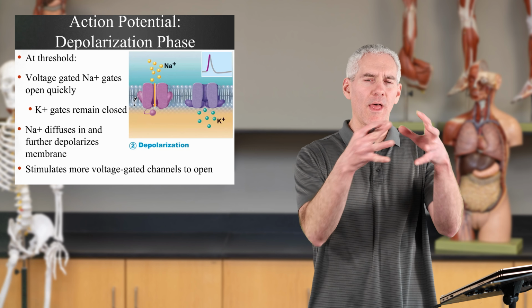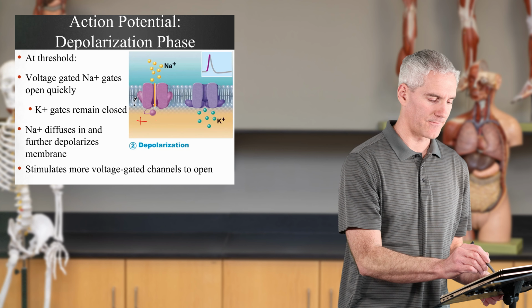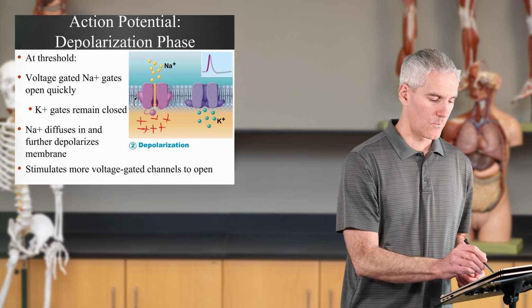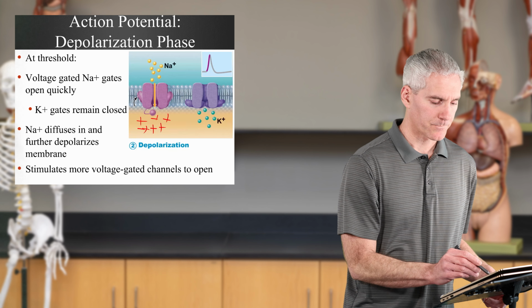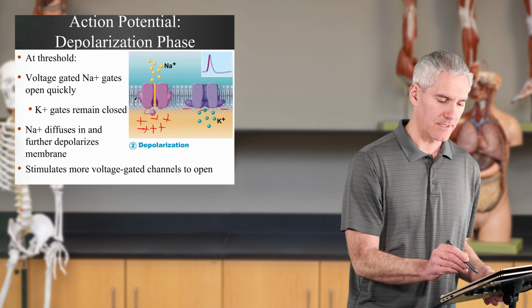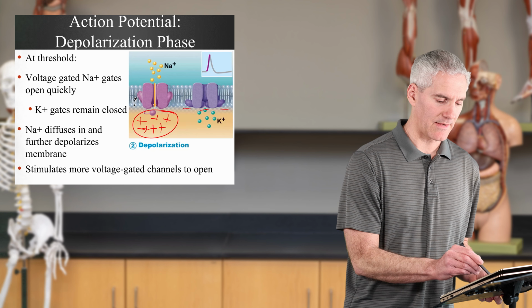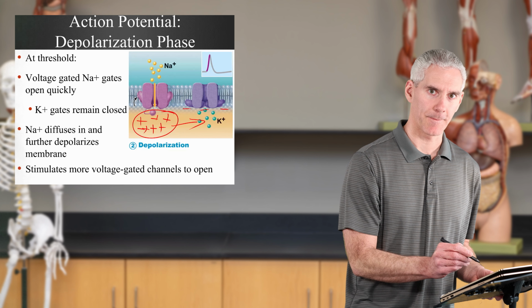But now, all that came in at one point. You had all these positive ions flowing in right here. Well, does positive like to be around positive? No. So this membrane up here is still negative inside. All of these positive ions are going to be attracted to this negative environment.